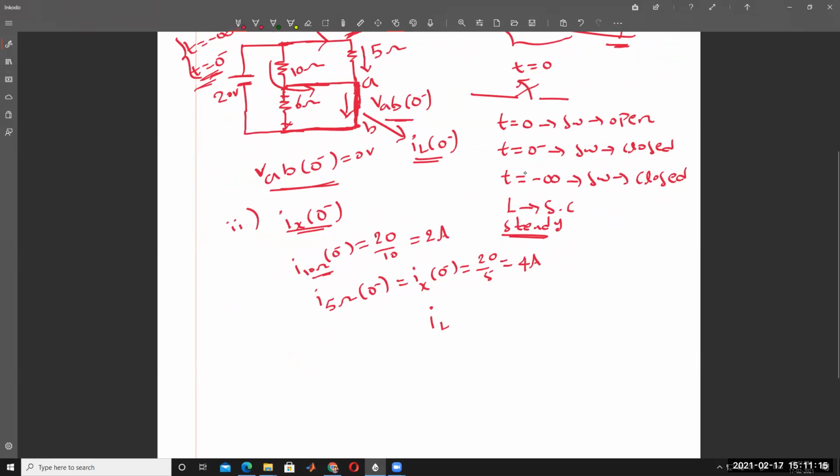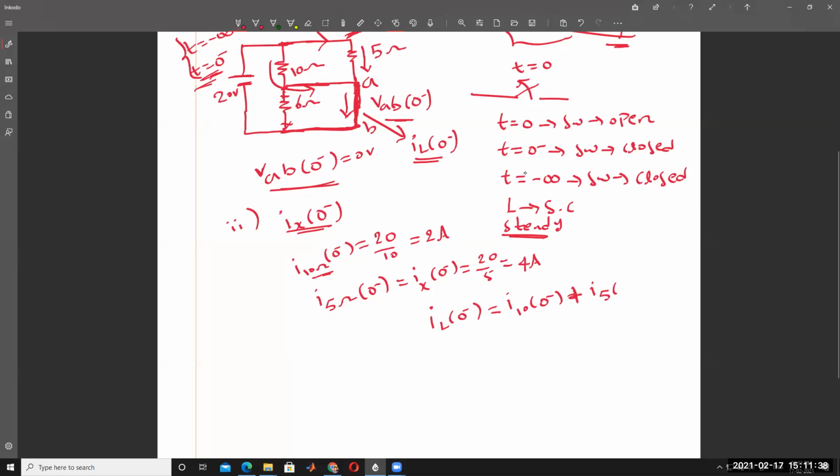So IL of 0 minus is equal to the current flowing through the 10 ohm resistor plus the current flowing through the 5 ohm resistor.